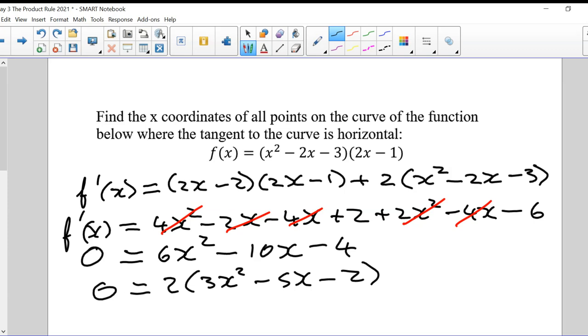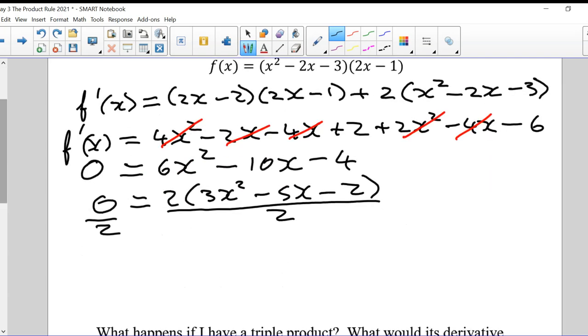Because it's equal to 0, and because this is a product, I actually can divide both sides of this equation by 2 and not affect my solution at all, right? So this side is still going to be 0, and this side would just be left with the 3x squared minus 5x minus 2.